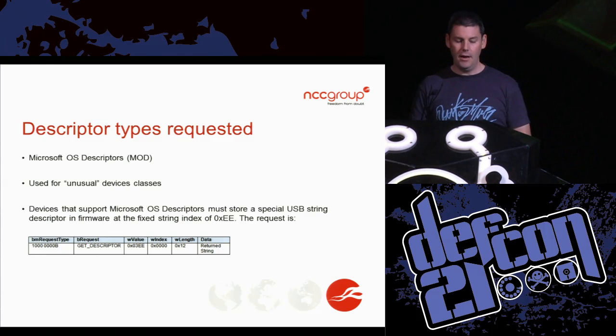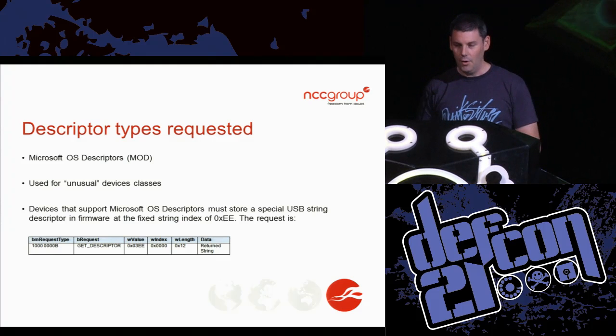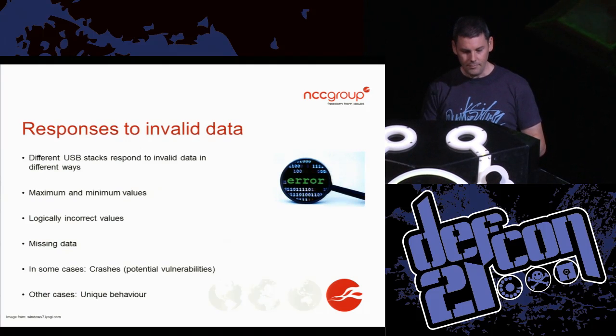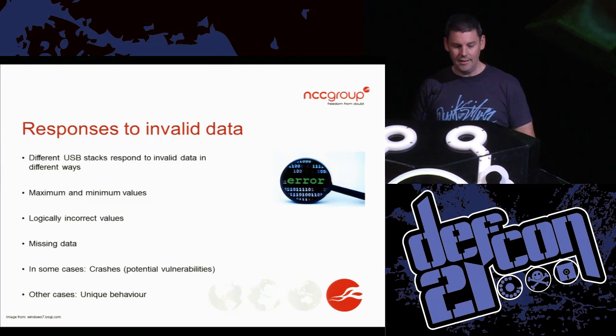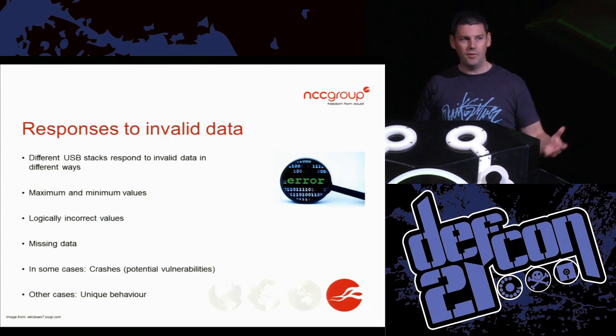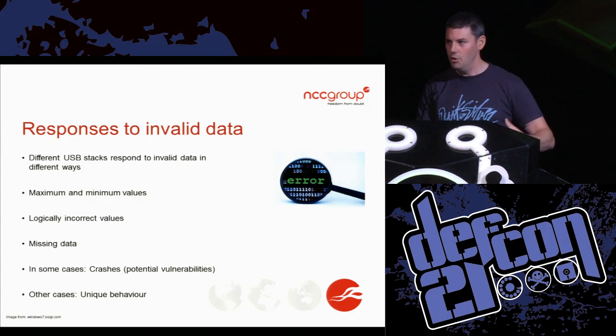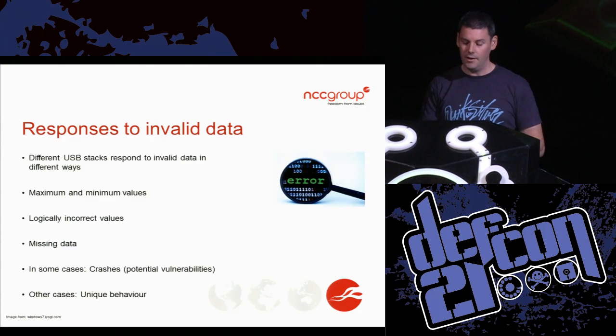Some OSs have their own specific descriptors. If you see Microsoft OS descriptors, you obviously know that it's a Microsoft-based OS. Responses to invalid data. There's a whole bunch of different invalid data that you can send within these descriptors, in the responses to the requests during both enumeration and the class-specific communication.